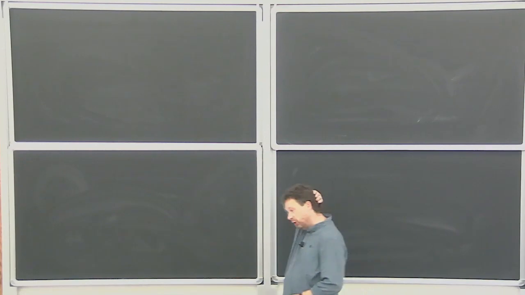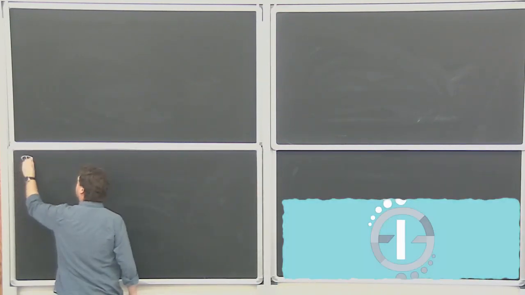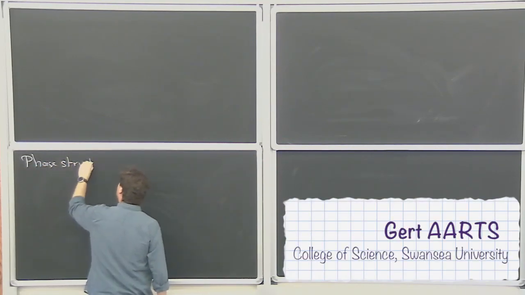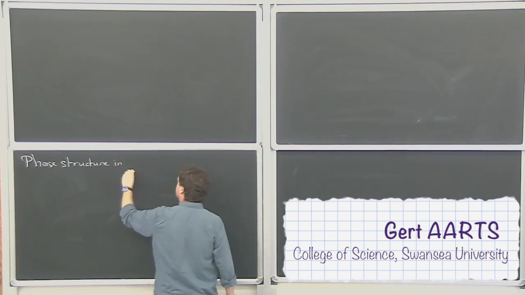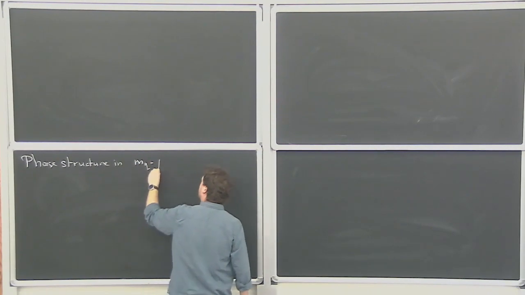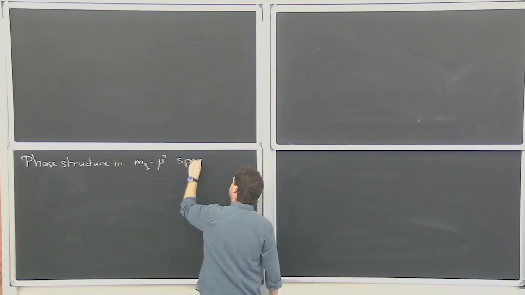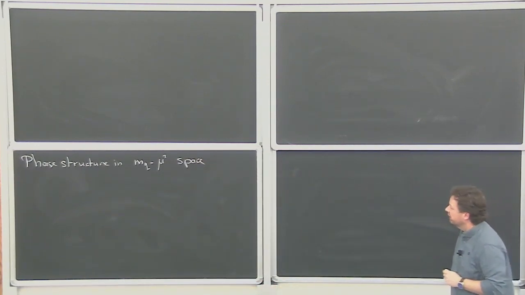So today we'll spend most of the time talking about the phase structure in the quark mass mu squared space. I put mu squared because we also consider negative mu squared, so imaginary chemical potential.